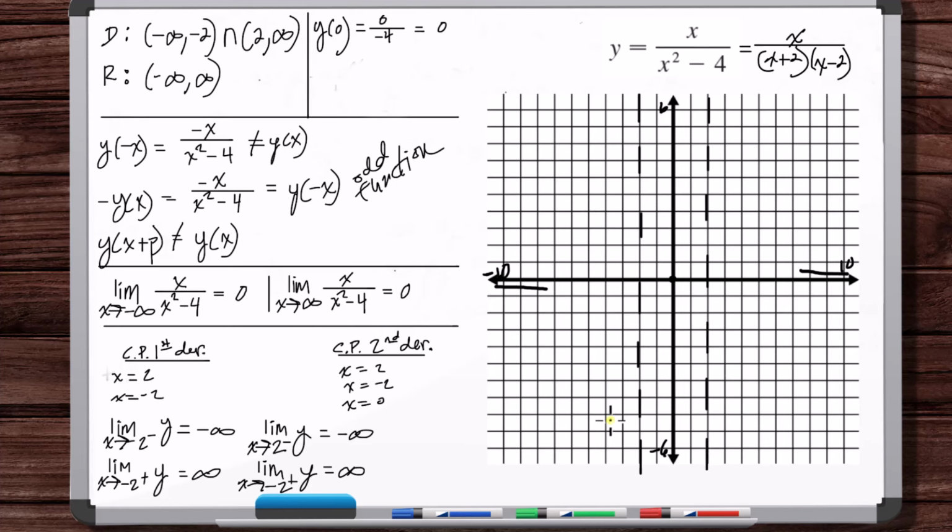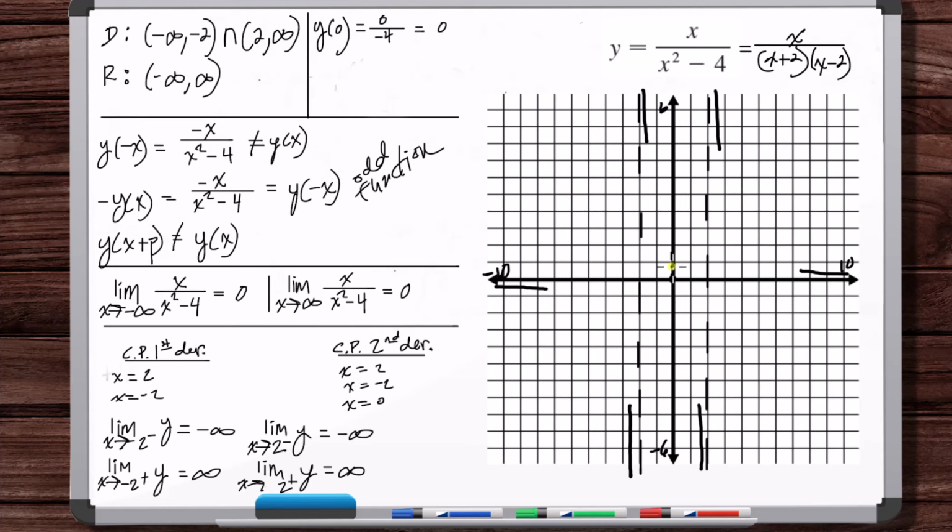As x approaches minus 2 from the left, the function goes to negative infinity. Minus 2 from the right, positive infinity. 2 from the left, negative infinity. 2 from the right, positive infinity.